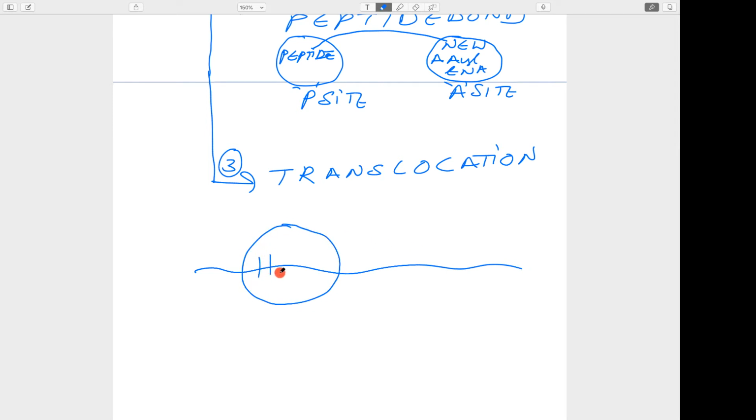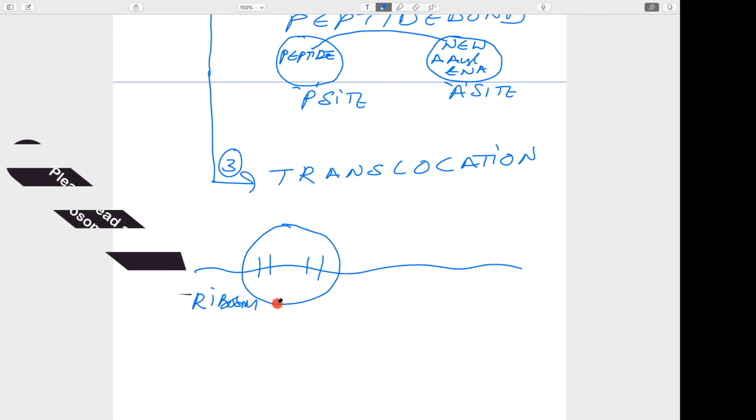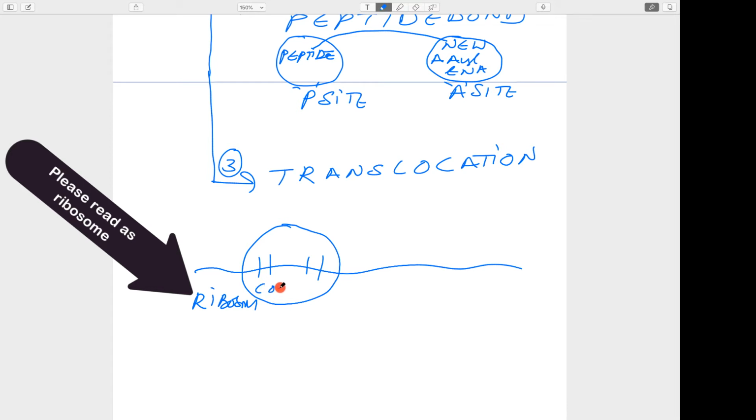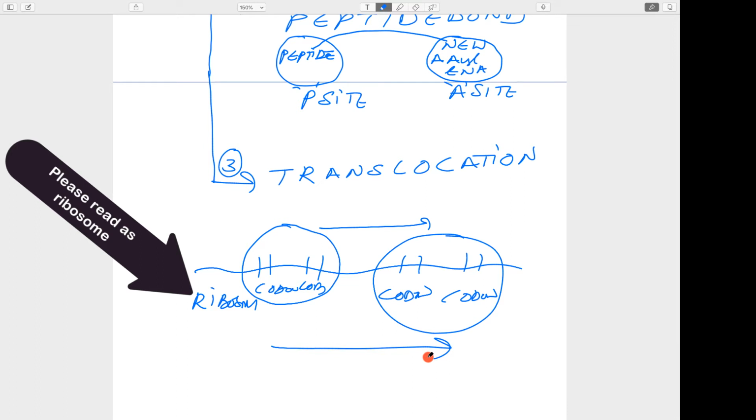Once one amino acid is added, peptide bond formation takes place. Suppose this is the codon. Then the ribosome moves to another codon. So the movement is taking place. This is what we call translocation.